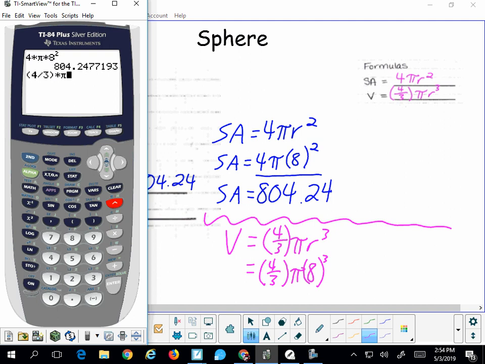So 4/3 times pi times, here you can put the 8 in parentheses if you want. You don't necessarily have to. So there's my 8.